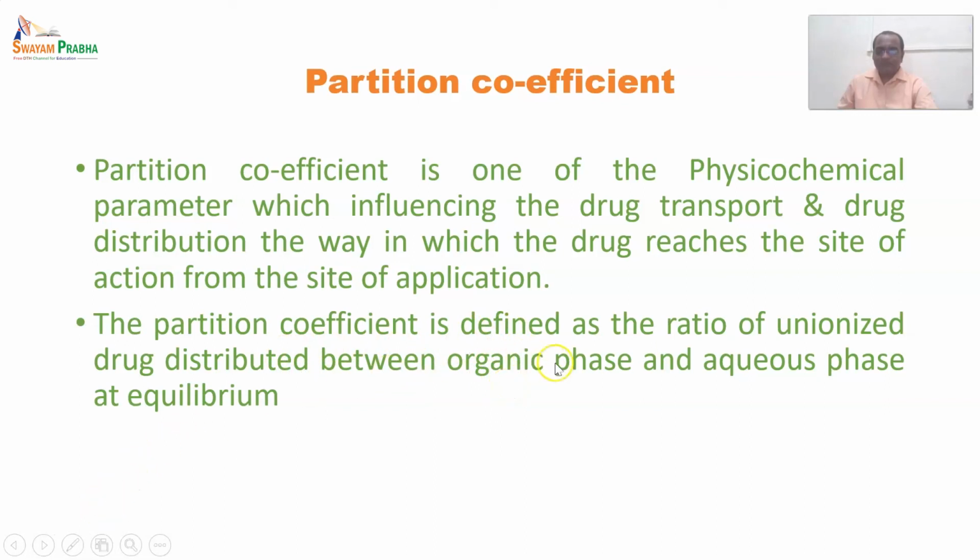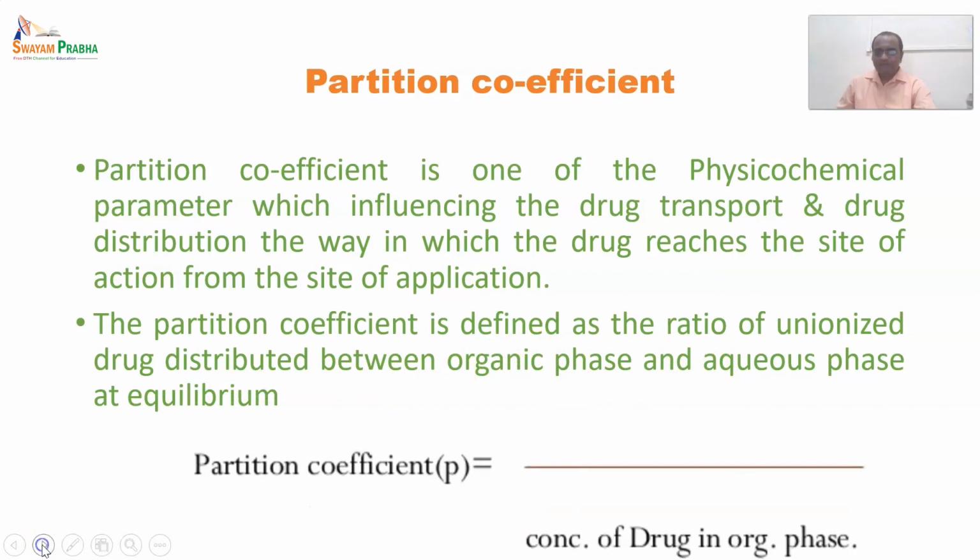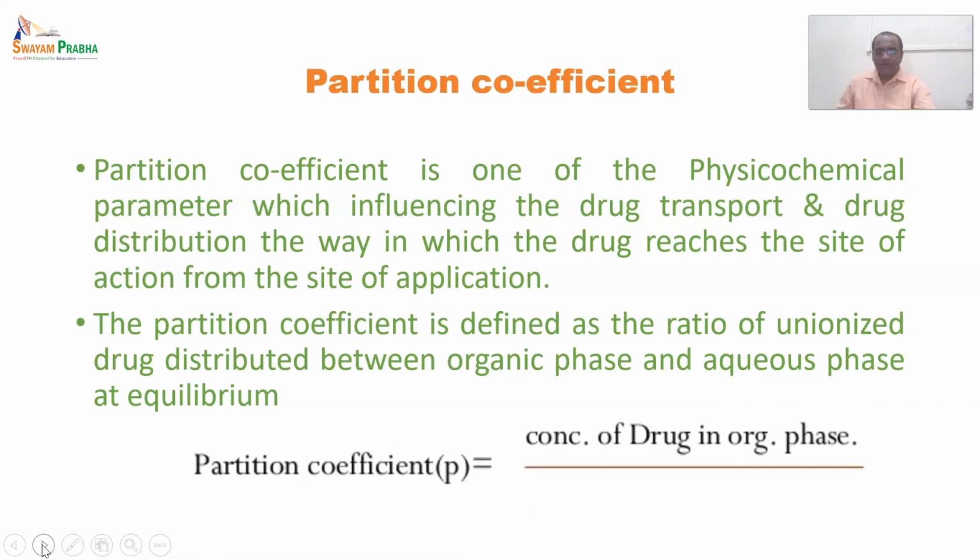That is why partition coefficient is calculated using organic phase and aqueous phase. So here is the formula for partition coefficient: concentration of drug in organic phase over concentration of drug in aqueous phase.